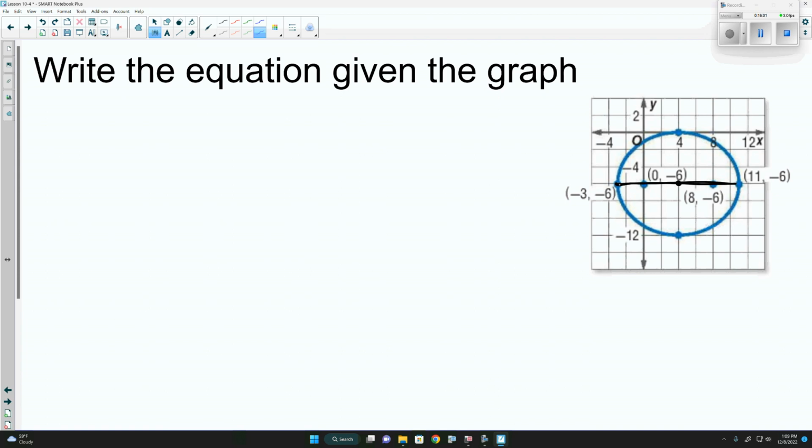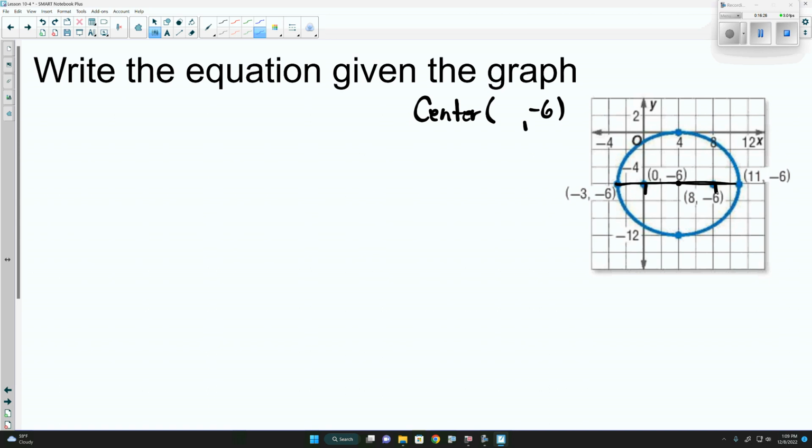So the center for this will have a y value of -6 because it's along that line. It has to have -6 as the y value of the center. But it's also between the x value of 0 and 8, and it's going to be in the exact middle between the two foci.